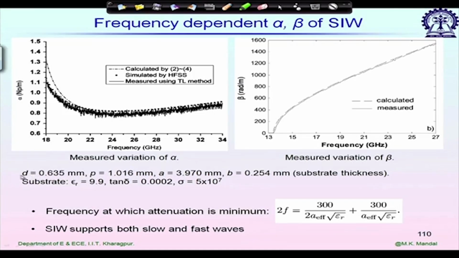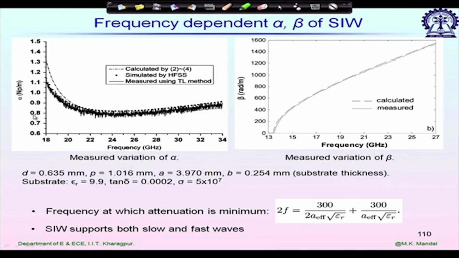The diameter d is 0.635 millimeter, periodicity is approximately 1 millimeter. The midpoint-to-midpoint via separation for the side walls is approximately 4 millimeter, and the thickness of the substrate is 0.254 millimeter. You see the measured response and the predicted response by the full wave simulator are very close, and the cutoff frequency is nearly 15 gigahertz.